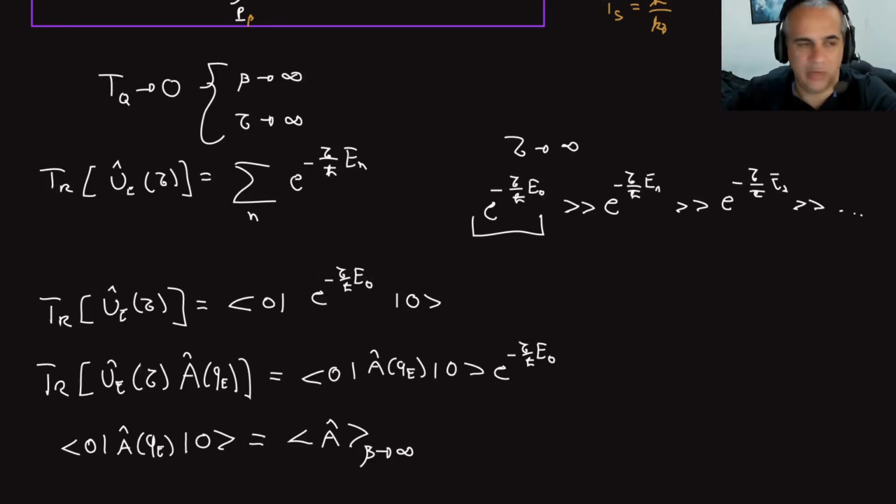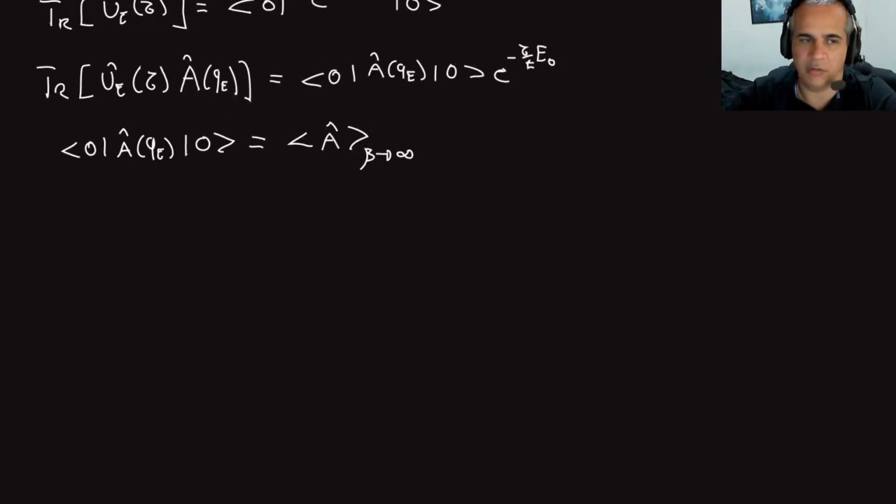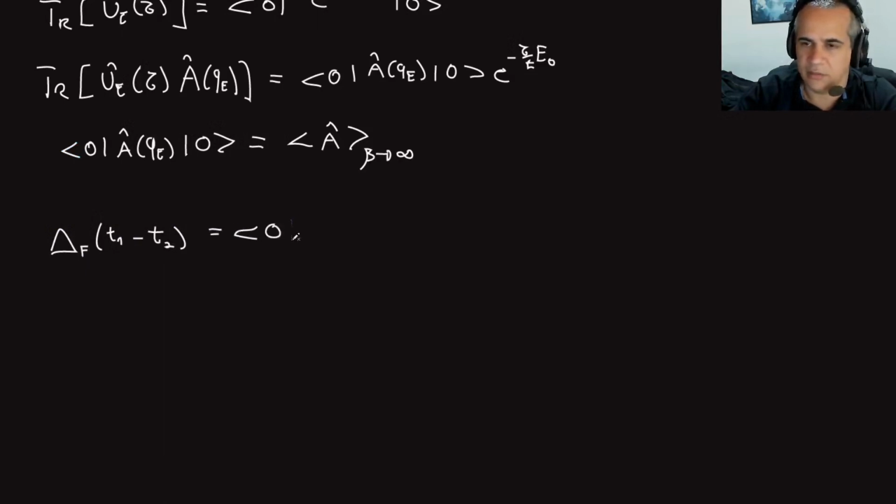So let's think of one of the Green functions that we have been calculating, the endpoint functions. Think of the propagator we defined before between t1, t2 and t1, as this.